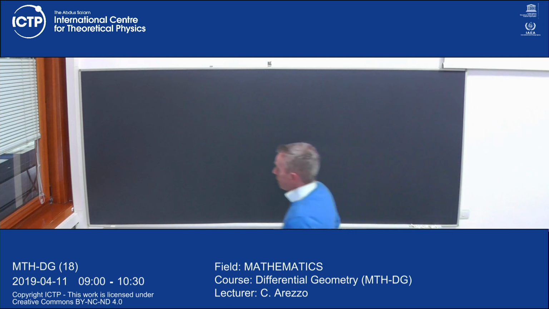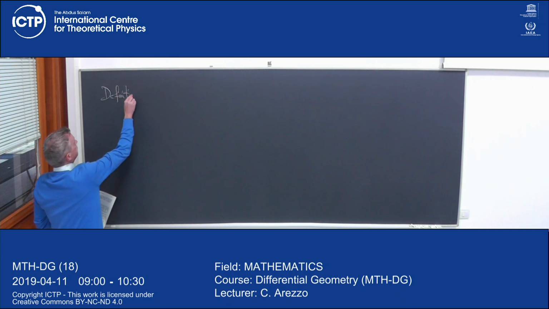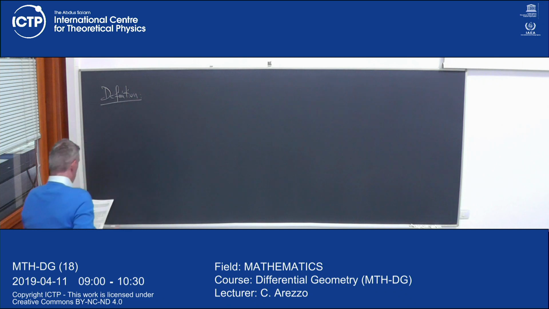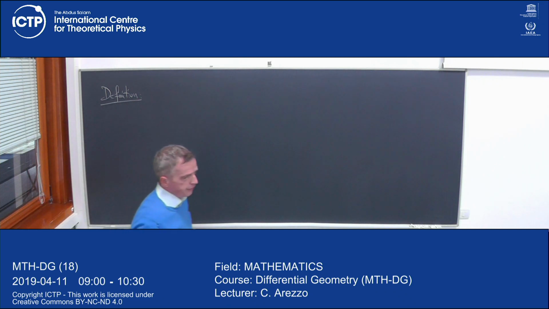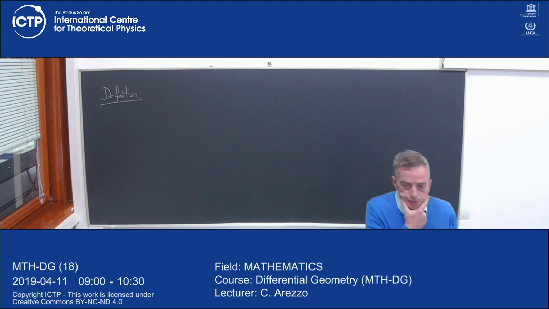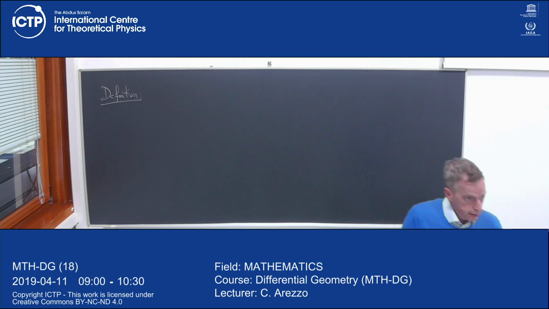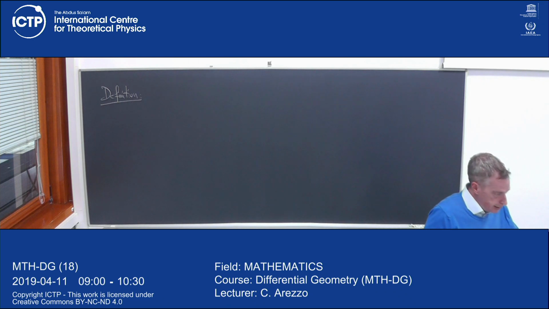So what is a Riemannian metric? We can start right away with the definition. Well, we can phrase it in many ways, depending on whether you know what a tensor is. It's something you build in algebra, essentially. Out of a vector space, you can construct a tensor algebra, the alternating algebra, and so on.